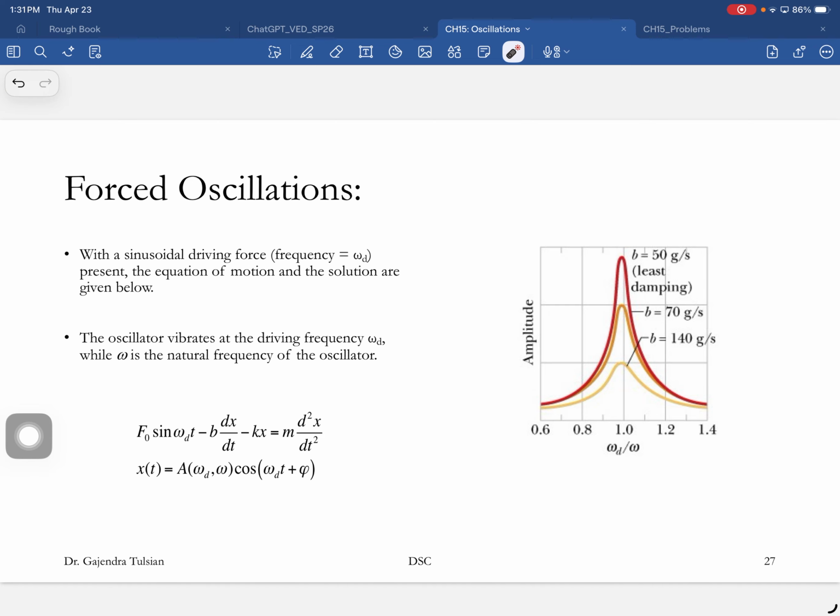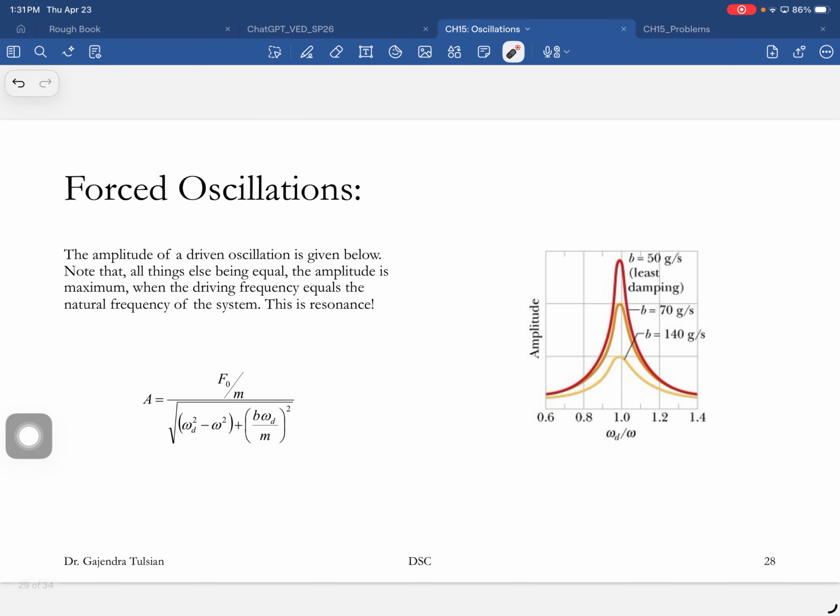That plate was oscillating at the driven frequency. In physics 2, we'll do a lab where you'll drive an oscillator and the system will oscillate at the driven frequency. For instance, this table has a natural frequency. Let's say this table wants to oscillate at 50 hertz. If I hit it at 40 times a second, it's vibrating at 40 times a second. It doesn't like it, but that's the driven frequency.